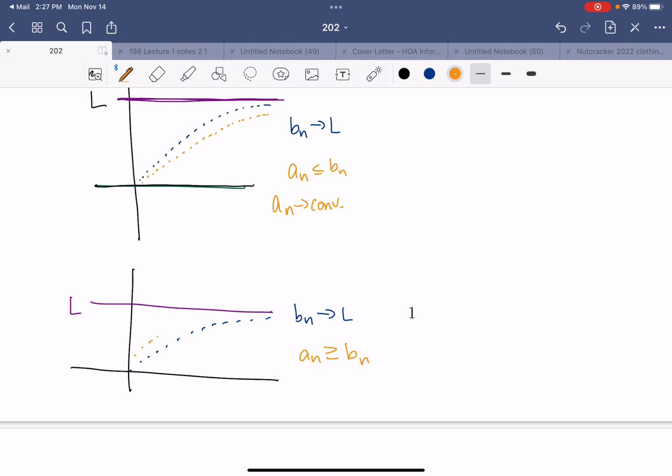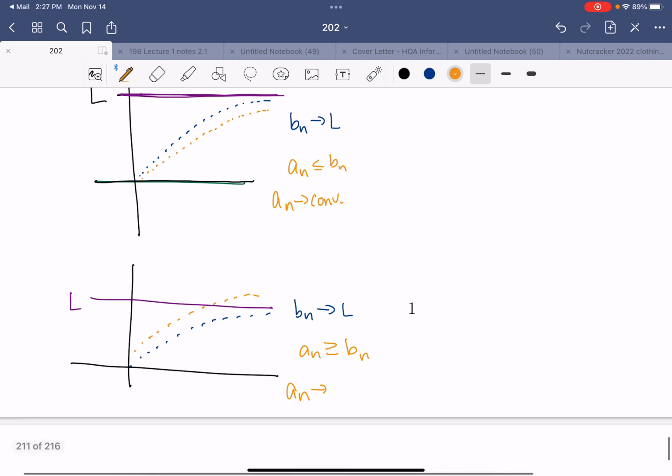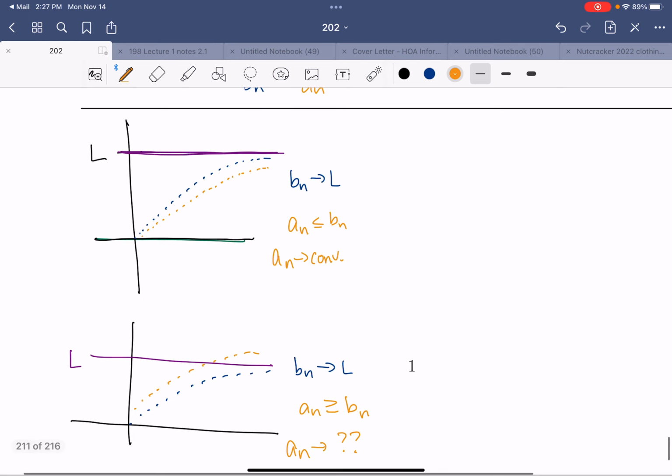So it's somewhere up in here. Can I still say that it converges? No, because it's above my blue line that converges. So I don't know how far above. Maybe it squeaks in there, maybe it doesn't, but likely it doesn't. In this case, for AN, we don't know. It likely diverges, but we're not sure. Maybe it's close enough to BN that it works.